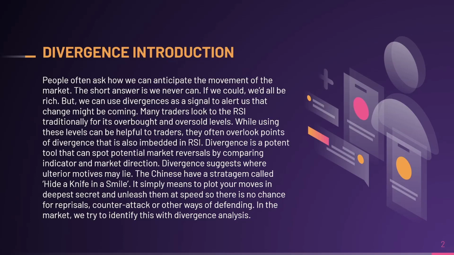Now, the Chinese have a stratagem called hide the knife in a smile. It simply means to plot your moves in deepest secret and unleash them at speed so there is no chance for reprisals, counterattack, or other ways of defending. In the market, okay, we attempt to do the same and we try to identify this with divergence analysis.